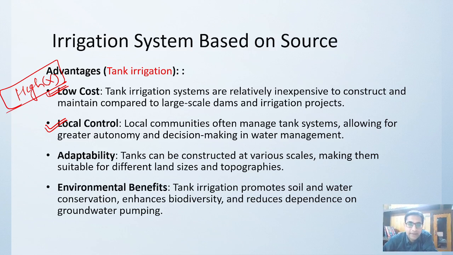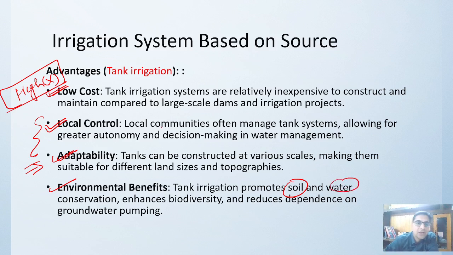Then adaptability. Tanks can be made anywhere, on any land size, in any type of topography. You just need bricks and mortar, and you can construct a tank there, of any scale, small, medium or big. Because of all these advantages, it gives very good environmental benefits. It promotes soil conservation, it prevents soil erosion, it promotes water conservation.